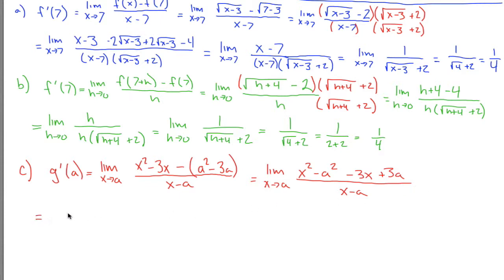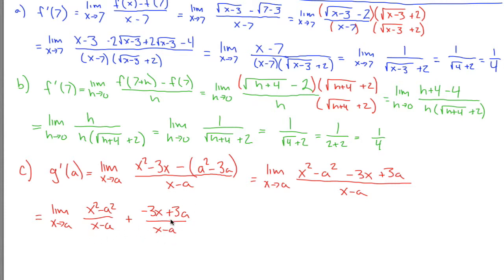A couple different ways you can write this. I think the easiest way is this: the limit as x approaches a of x squared minus a squared over x minus a, plus negative 3x plus 3a over x minus a. Going from here to here might confuse you, but going the other way, think about it like you started here. I got fractions that have a common denominator.